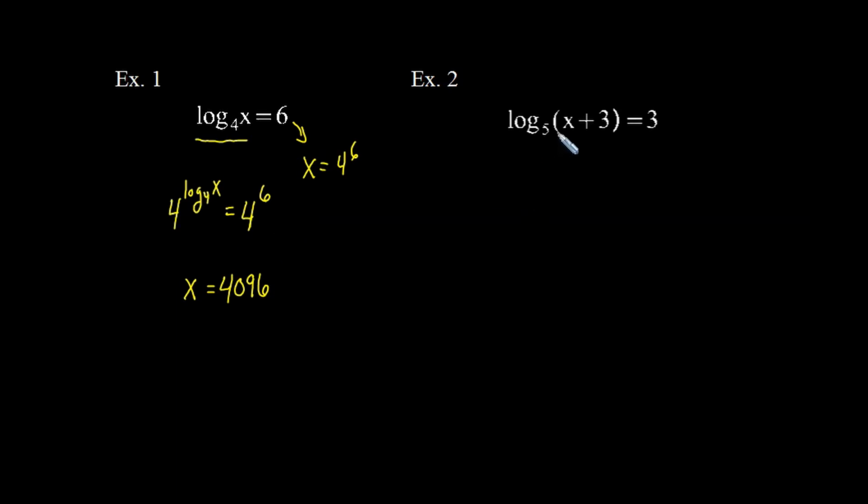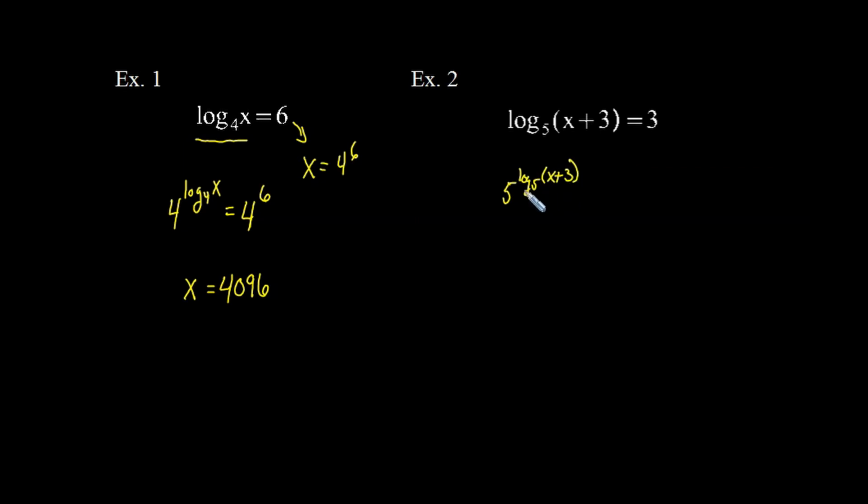In example 2, we have logarithm base 5 of x plus 3 is equal to 3. And we already have a single logarithm. The difference here is that we have a quantity, x plus 3, inside the logarithm. So we'll have a subtract 3 step after we exponentiate both sides. So we'll take 5 to the log base 5 of x plus 3.